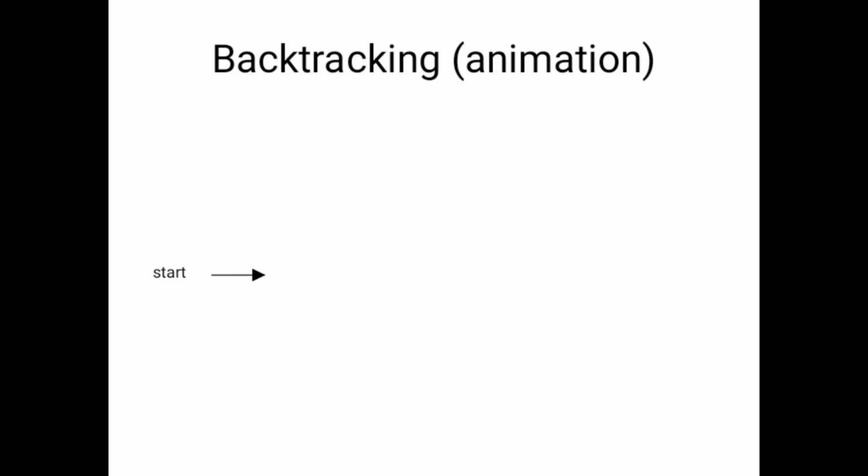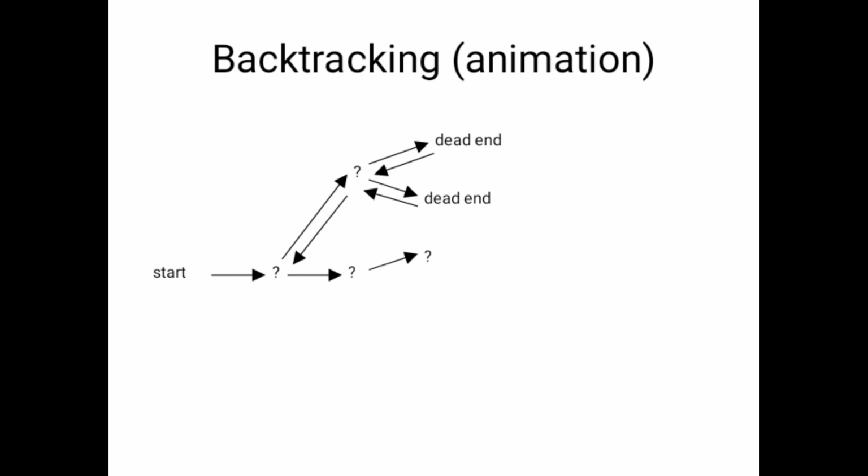So we will start with a problem. You take one decision and go to some point, and if you reach a dead end, you get back to the previous one, and again if you reach a dead end, you get back to the previous portion, and again you continue with the next option, as you can see in this animation.